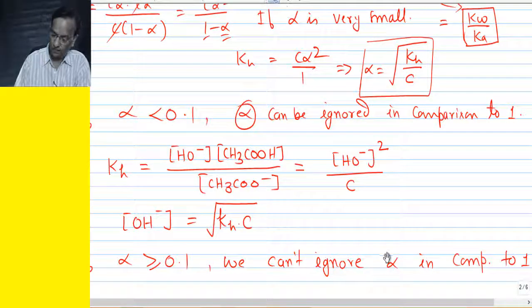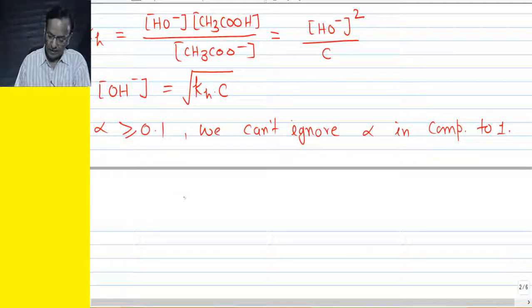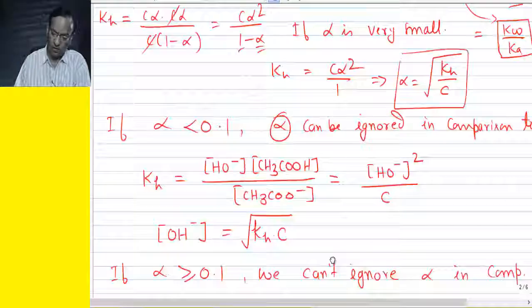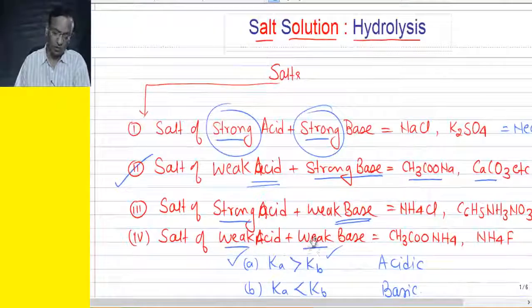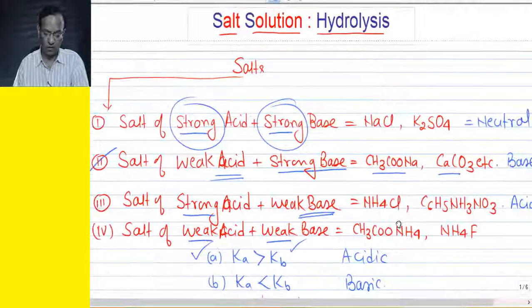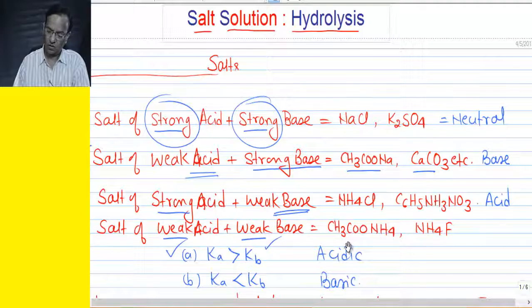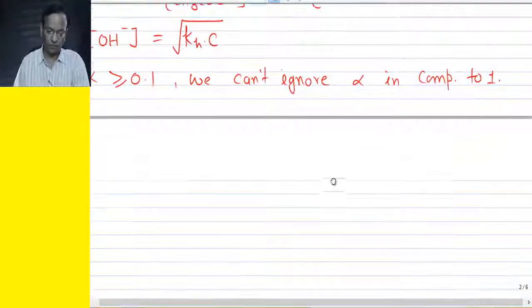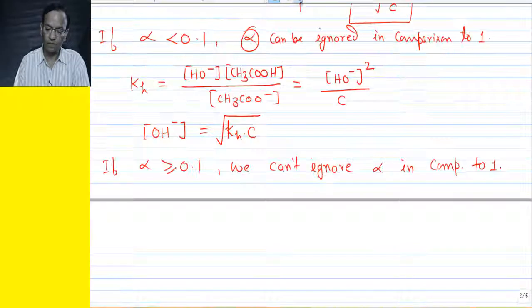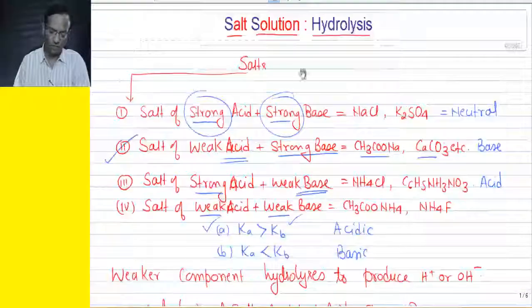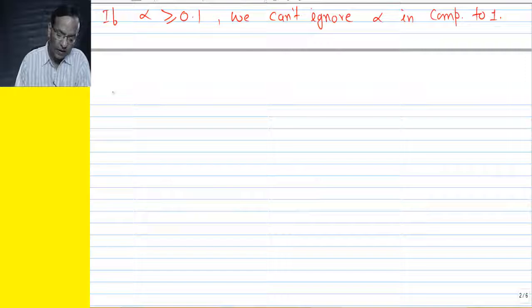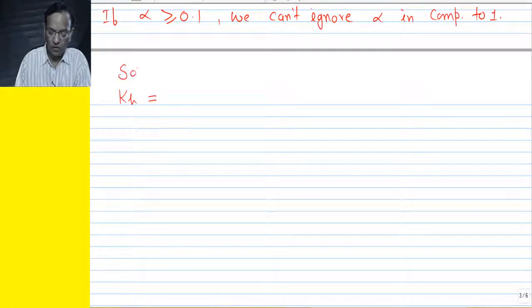Therefore, what we'll have to do in that case, we'll have to solve the expression for Kh, so Kh is equal to C alpha square upon 1 minus alpha.